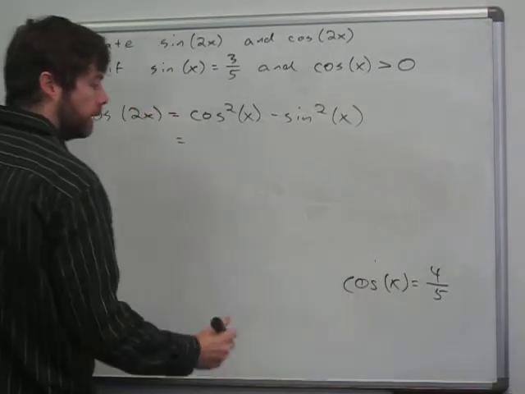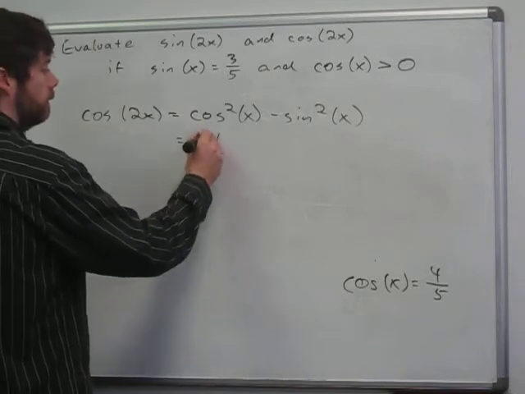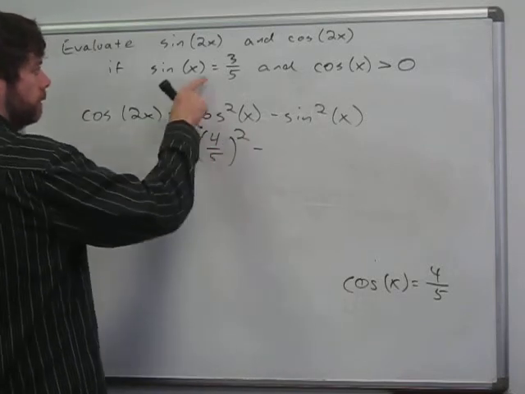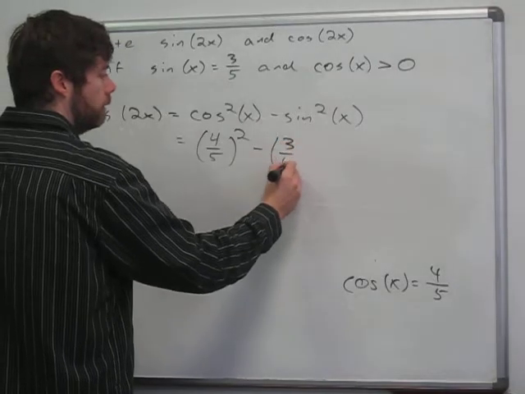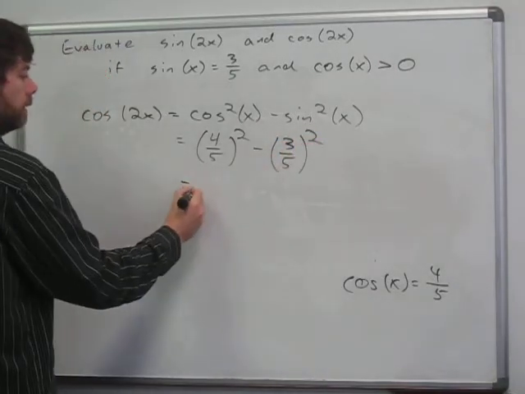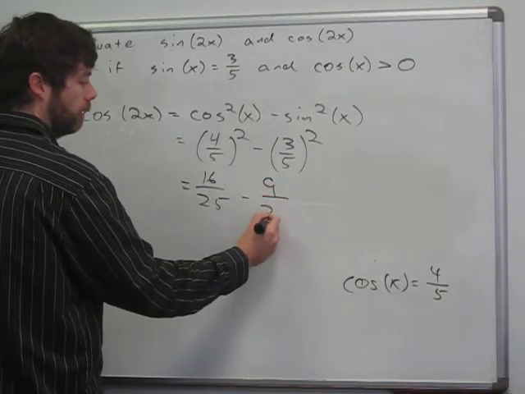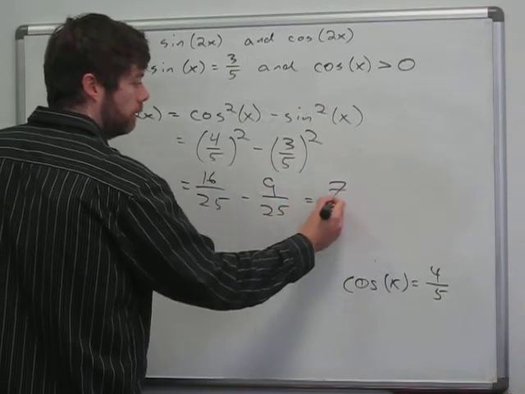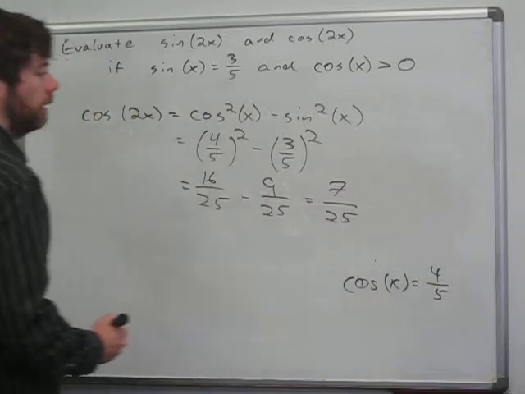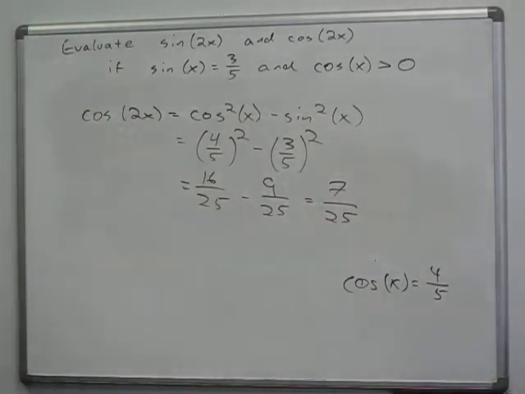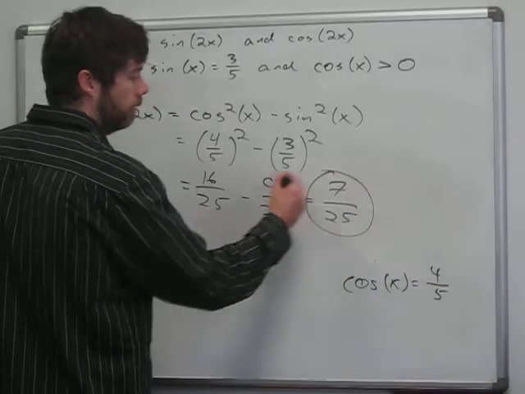So we found the cosine of x, that's 4/5. Subtract 3/5 squared. So this is 16 over 25 minus 9 over 25, which gives us a cosine value of 7 over 25.